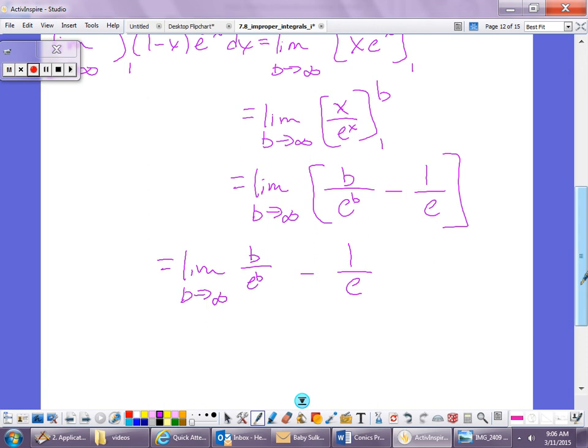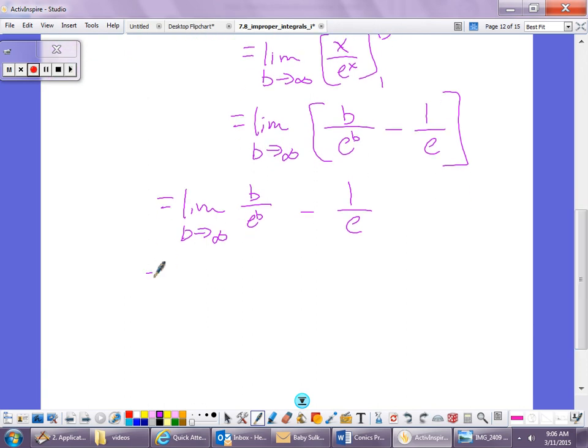L'Hopital. So this limit as b goes to infinity of b over e to the b should be equal to the limit as b goes to infinity of the derivative of b over the derivative of e to the b. So it should be equal to the limit as b goes to infinity of 1 over e to the b, since the derivative of b is 1 and the derivative of e to the b is just e to the b.